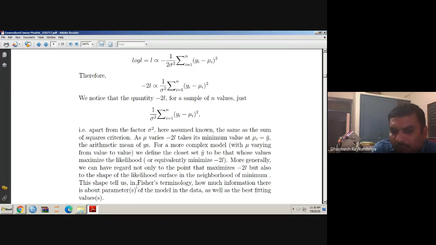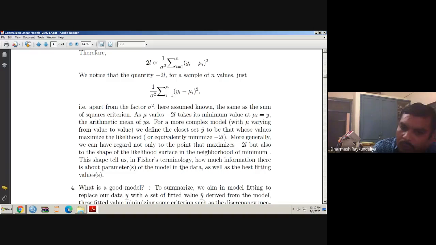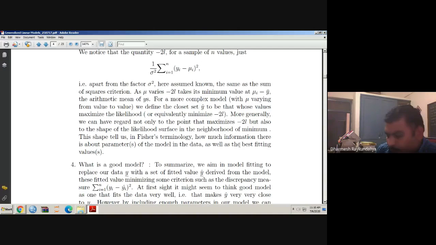This shape tells us, in Fisher terminology, how much information there is about the parameters of the model in the data, as well as the best fitting values. So we wish to see how much these parameters contain the information of y, and that information should be extracted in such a way that it is best for the model fitting.